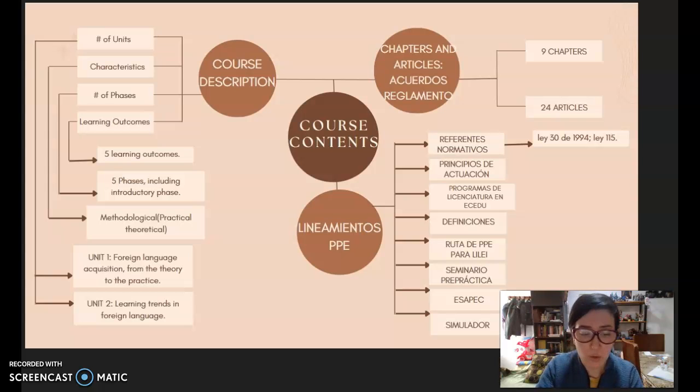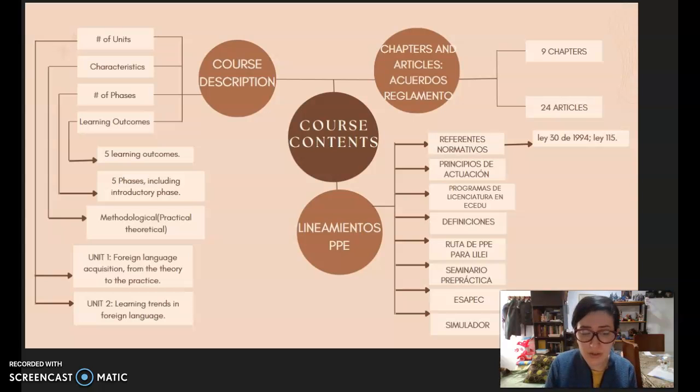Now we have the simulator, which is a strategy to develop a proposal to solve a problem based on all the knowledge that we have acquired during the academic period. So the aim is to propose a solution to a problem.